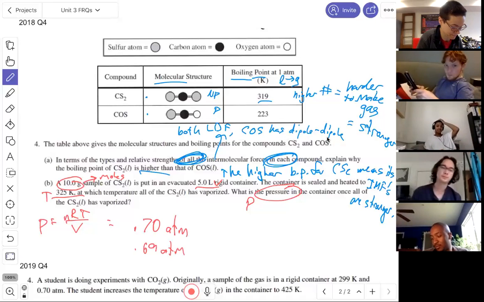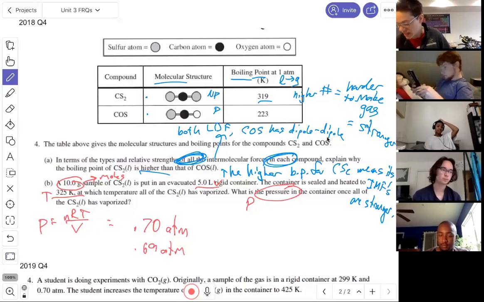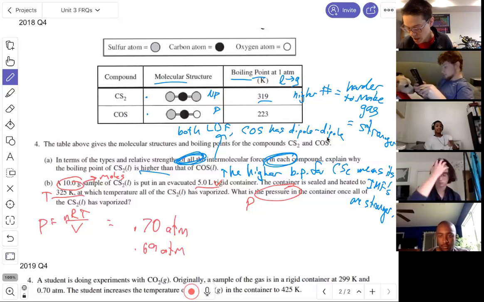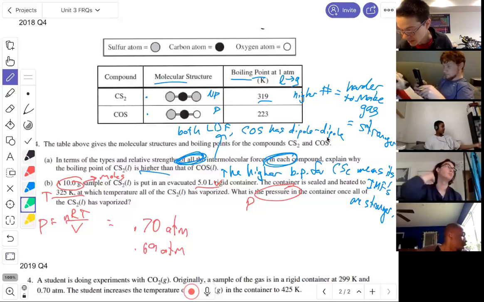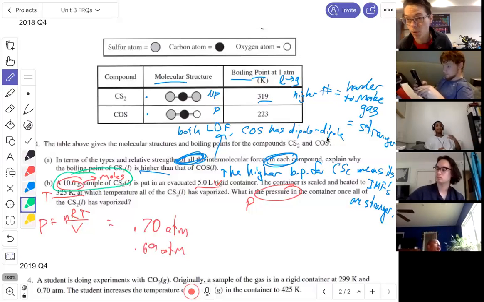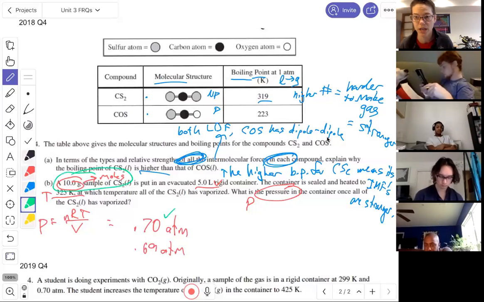For this question, just to let you know how the points are assigned, doing this conversion was 1 point, and then plugging everything in and getting this answer was the other point.